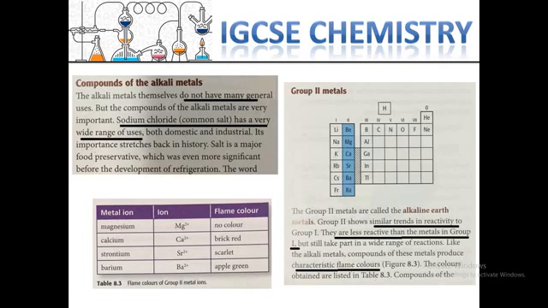Another is group 2, the alkaline earth metals. They have a similar reactivity trend to group 1, but they are less reactive than group 1. Group 1 is more reactive than group 2. The same test, the flame test as in the previous one, can be employed for detecting these metals, and based on the color, the type of metal can be detected.